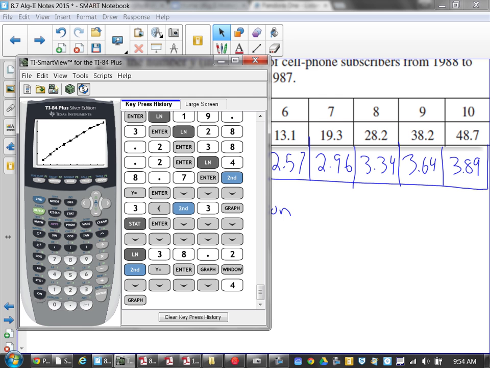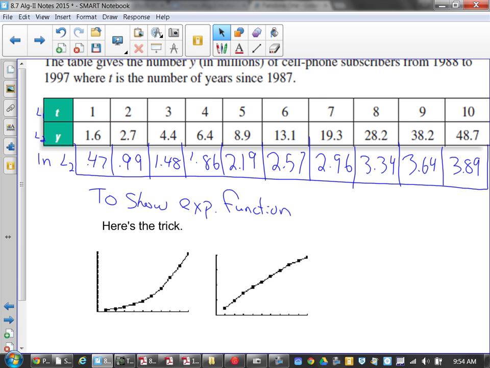In order to tell from a table if it is truly an exponential model, the natural log of your y values, when you plot it against your x, should be really, really close to linear. It should look like a straight line. That's pretty darn close.